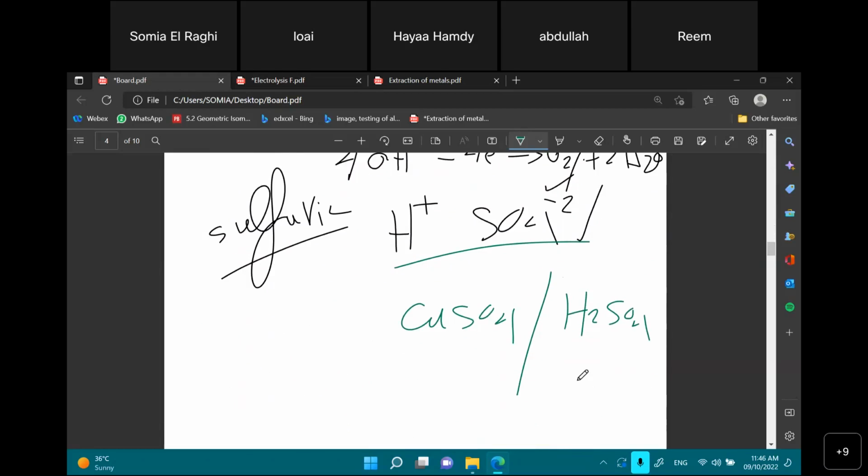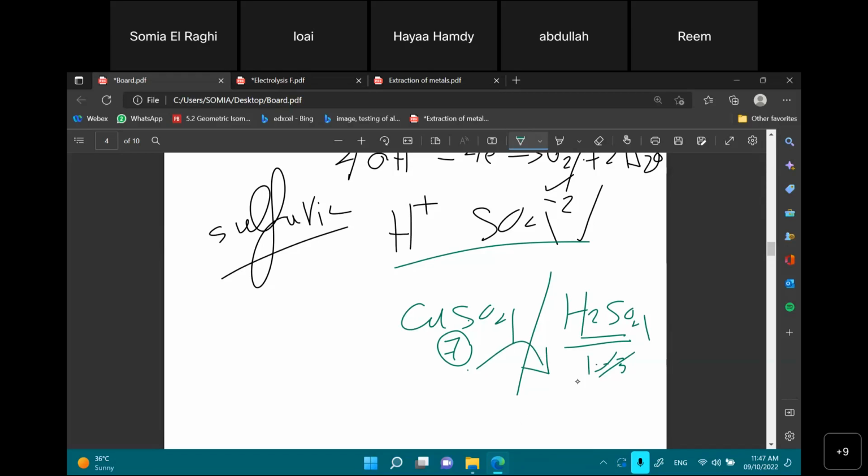So the pH value decreases, because a strong acid formed instead of this salt. The pH value for a salt is neutral, but for this one the pH value is 3 at most. So the pH value decreases. If they ask this question, you know how to answer it, please.